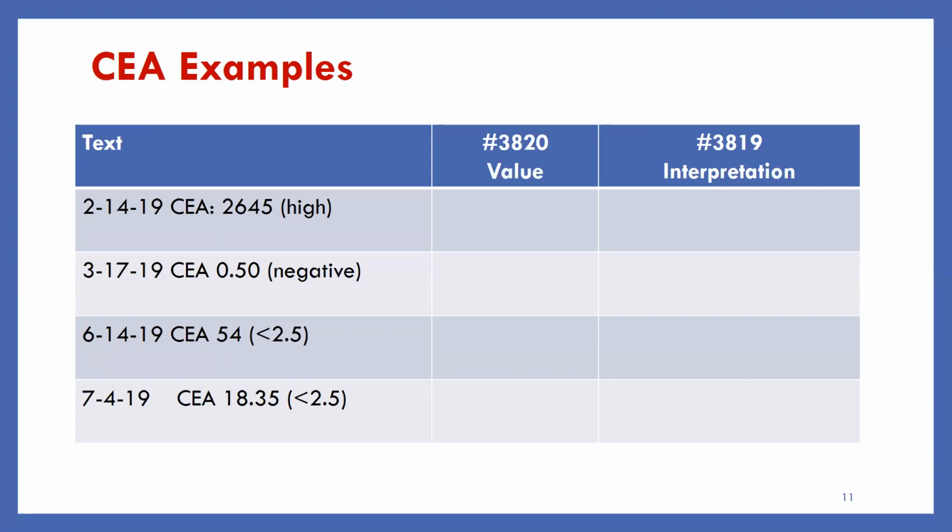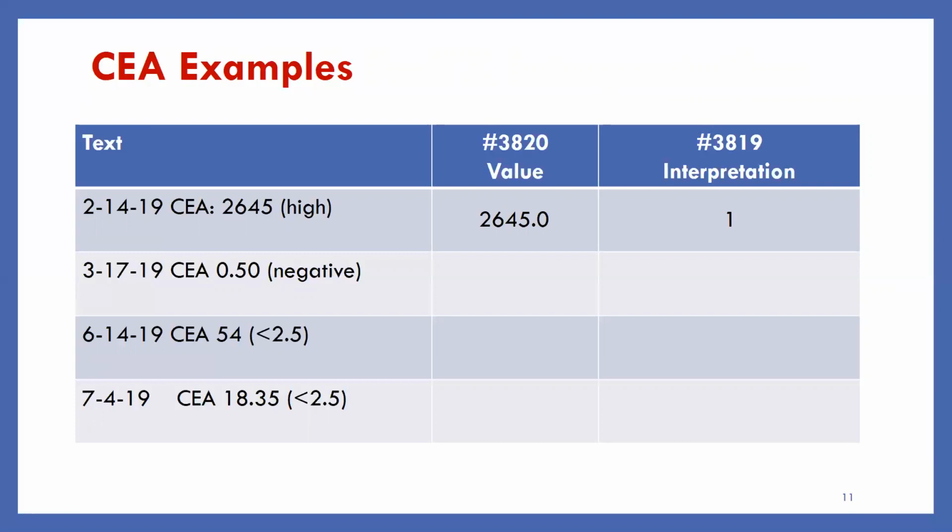In the first example, the CEA is 2645, and because we're entering this to the nearest 10th, it would be 2645.0, and we know that's a high value because the text tells us that. So that interpretation code would be a 1.